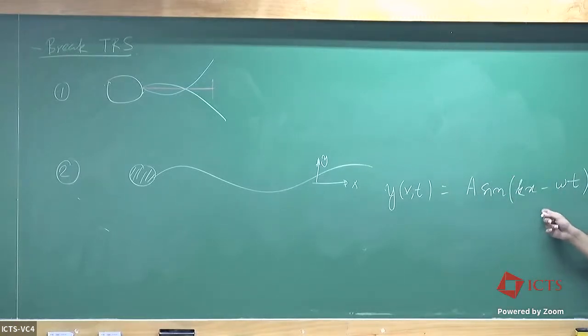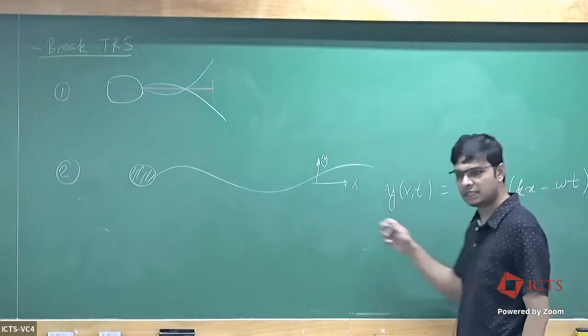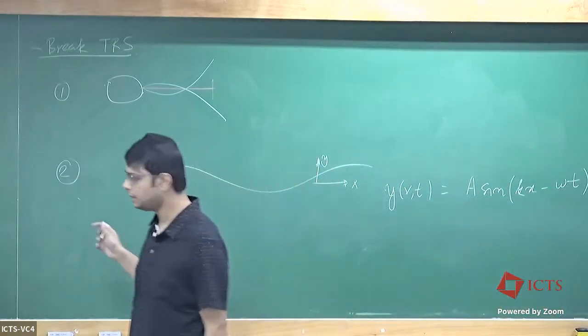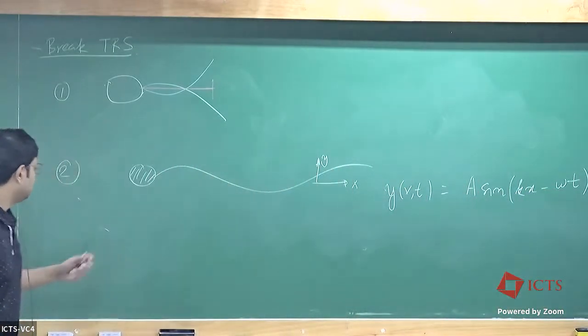Does this break time reversal symmetry? Is there a way to see that? Anyone, you go ahead. If we reverse the time t to minus t, we don't get back the same thing. Yes. So this again breaks time reversal symmetry. So this can swim, this can move. That's another way to do it.